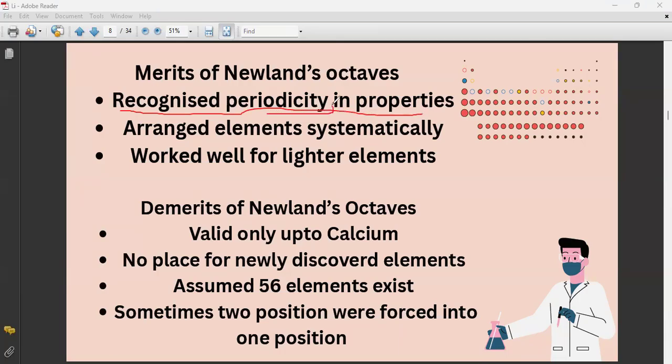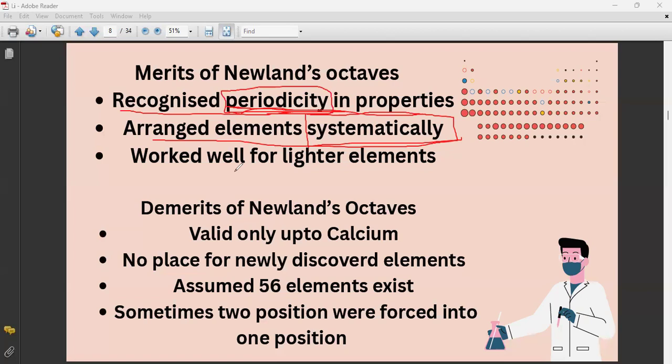What does periodicity mean? That after a regular interval, chemicals will show similar properties. So he recognized some periodicity, that after a regular period the elements will show similar properties. He arranged the elements systematically according to their number. He gave them a proper number, systematically, according to atomic masses.